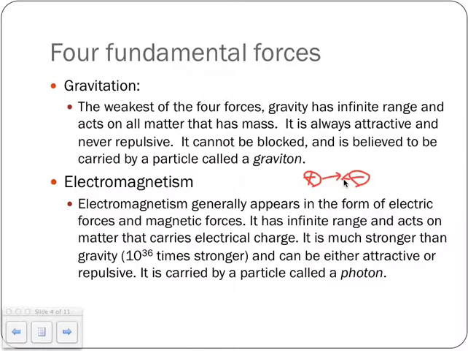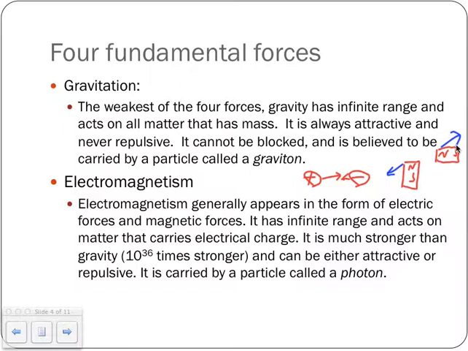That would be an example of a part of the electromagnetic force. Another would be the force that's exerted between magnets. We talk about magnets having a north pole and a south pole, and if you have another magnet over here with a north pole and a south pole, we're going to see a repulsion between that north pole and that north pole as they push away from each other. That force is a form of the electromagnetic force.